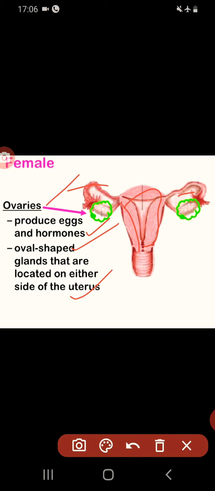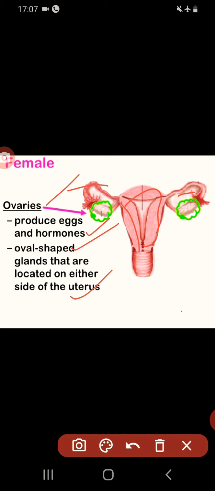Now more information about the ovary: if we want to know the exact shape, then ovaries are almond shaped. They are located in the lower part of the abdominal cavity near our kidney. These ovaries are the primary sex organs. Already we have discussed that they are the primary sex organs which form the female gamete, that is ovum, and also form the female sex hormones.